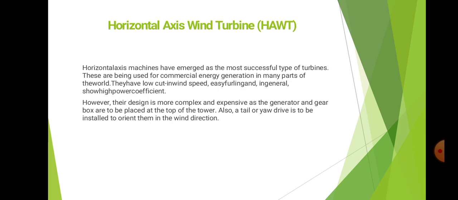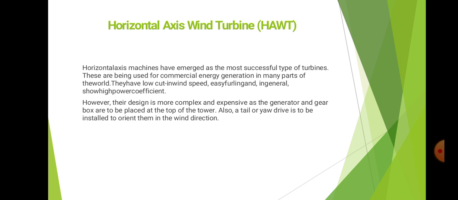Horizontal axis wind turbine, simply called HAWT. Horizontal axis machines have emerged as the most successful type of turbines. These are being used for commercial energy generation in many parts of the world. They have low cut-in wind speed, are easy to furl in general, and show a high power coefficient.